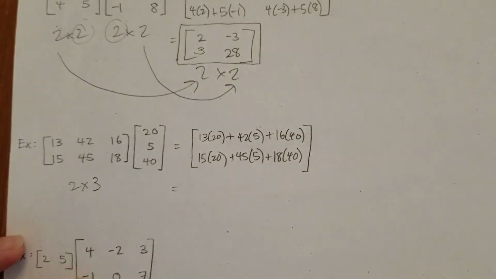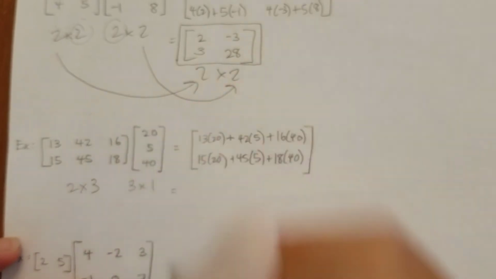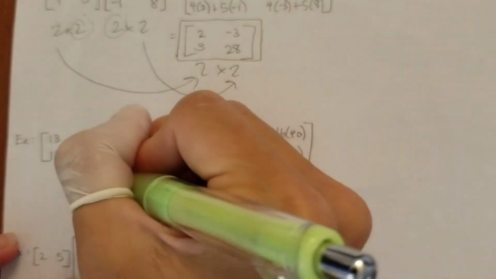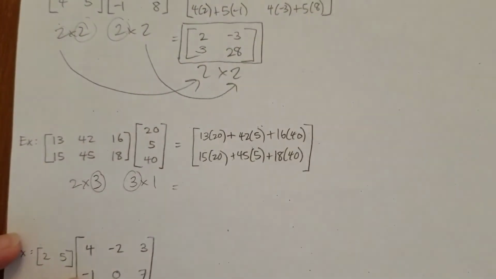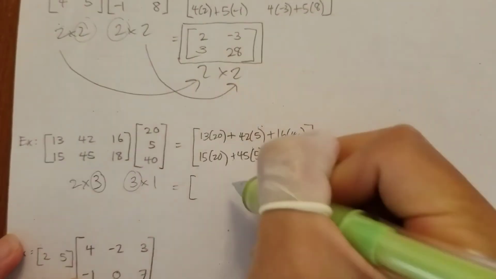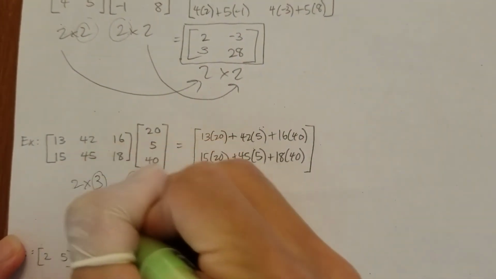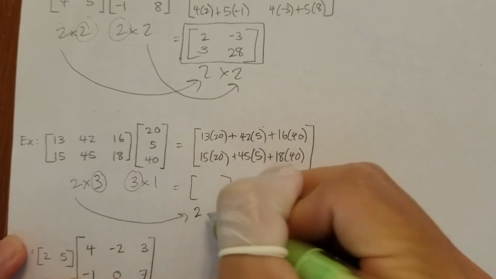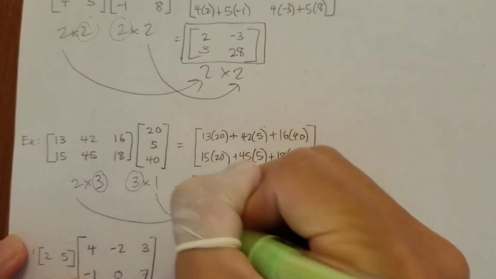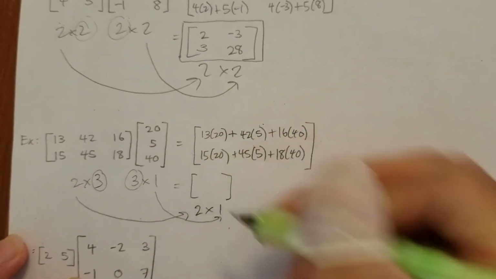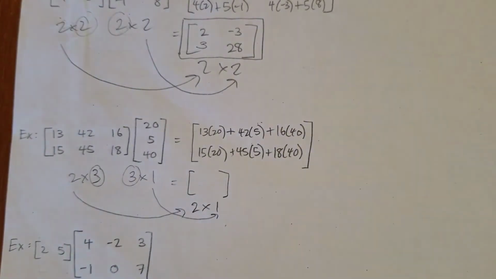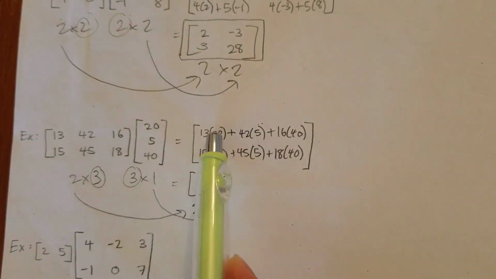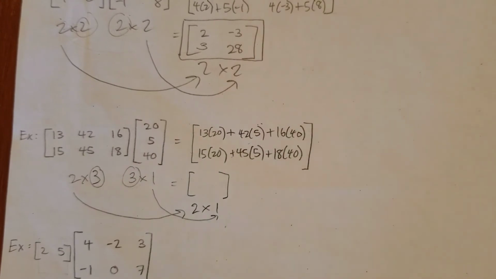This matrix here is a 3 by 1 matrix. Because these numbers are the same, our output that we are creating is going to be a 2 by 1 matrix. Okay?